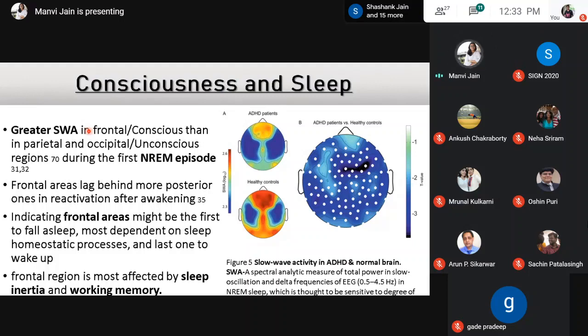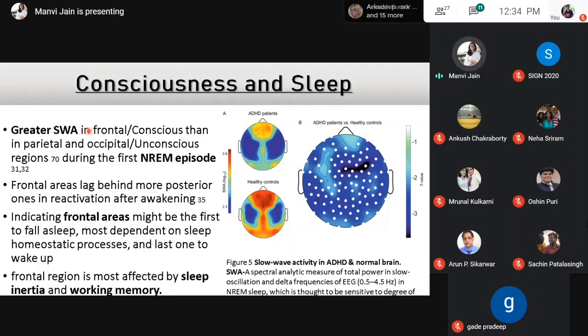But at the same time, we have seen that the prefrontal cortex, or neocortex, is basically involved in the whole dreaming process. So it seems that in an NREM episode, the whole frontal region has greater SWA, these oscillations, and then in the REM stage it suddenly goes up, and during all of this it is very much active, and then again comes down.